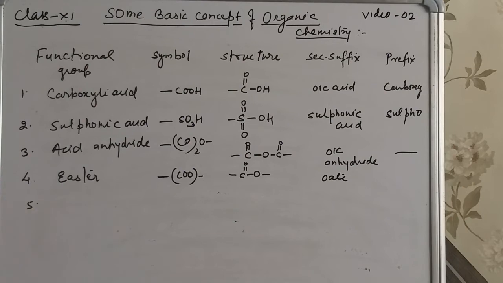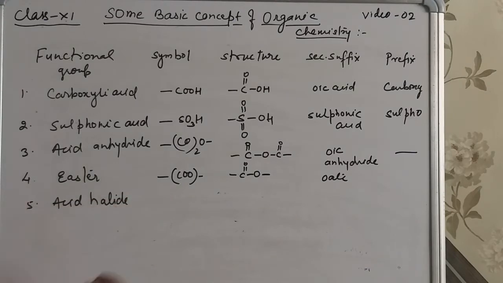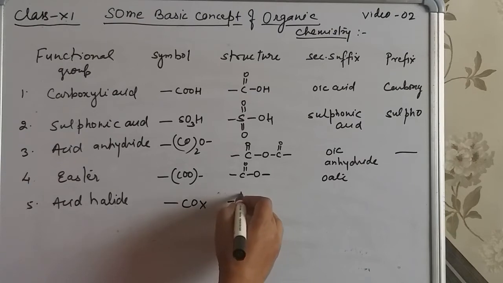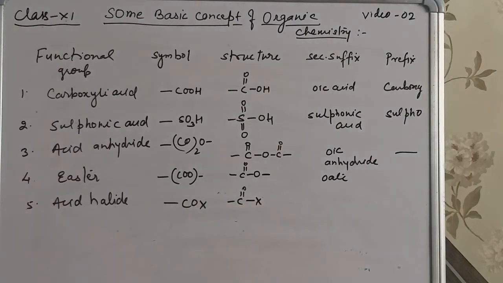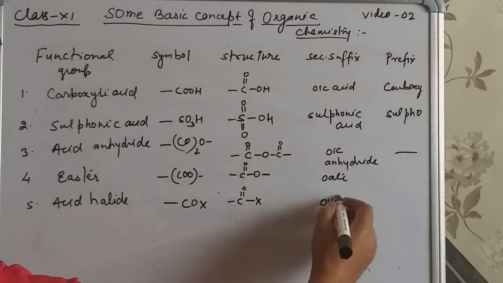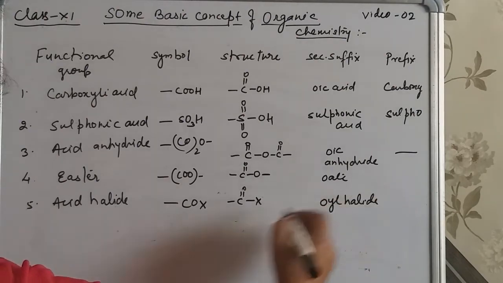Number 5, acid halide. The symbol is COX, and the structure is C double bond O, and here is the halogen. The suffix used is oyl halide.